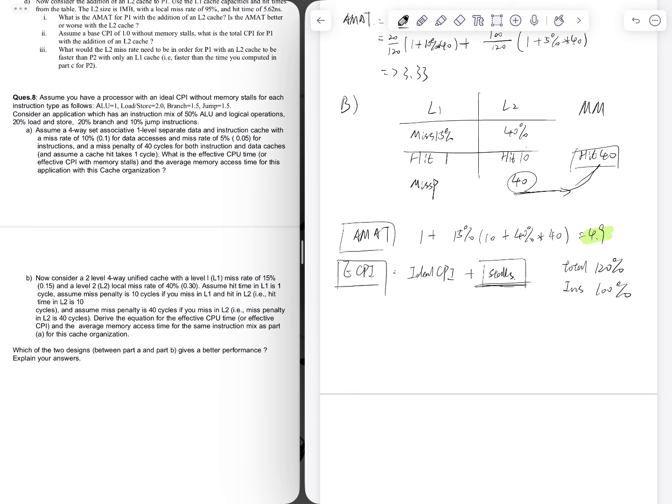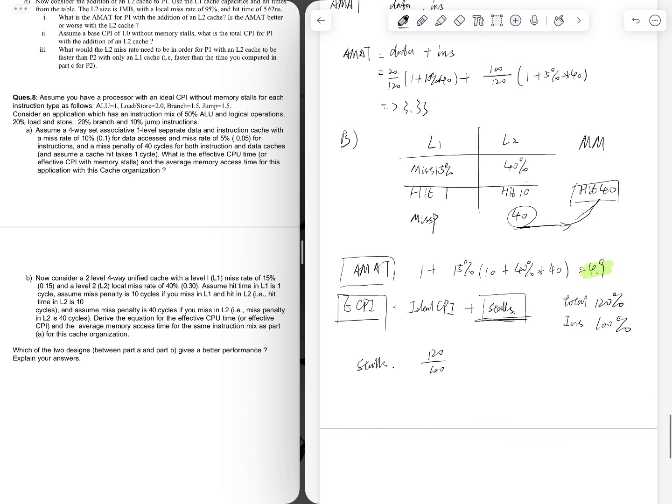So the percentage of memory fetches per instruction should be 120%. This is the total, per instruction. The instruction part is 100. So this is the main memory fetch per instruction.